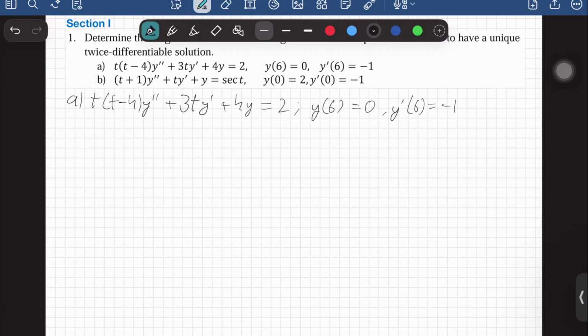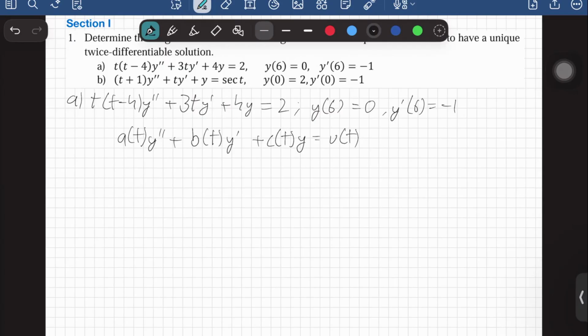As we know, the standard form for a second-order differential equation looks something like a of t y double prime plus b of t y prime plus c of t y, and that's equal to some function in terms of t, right?